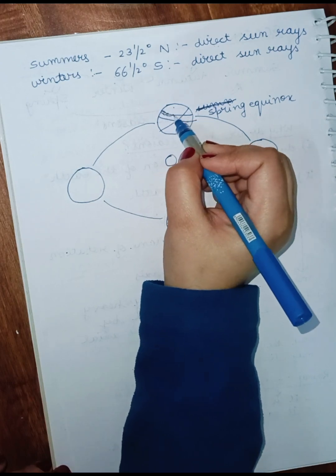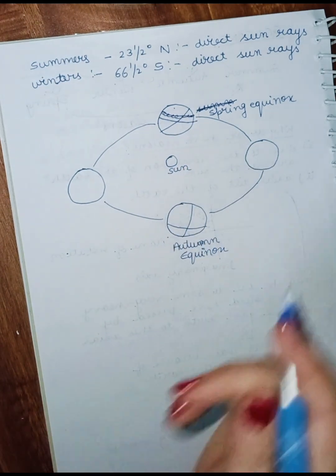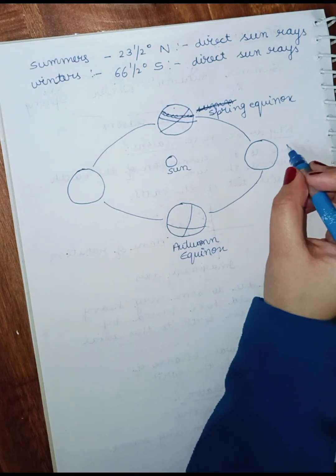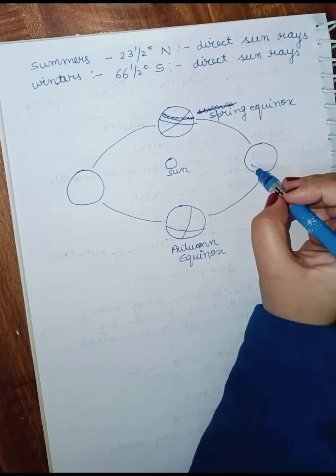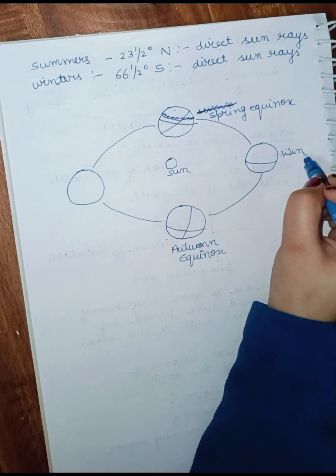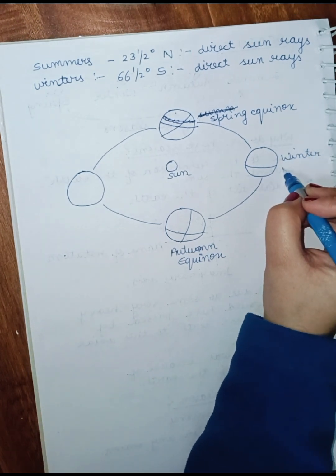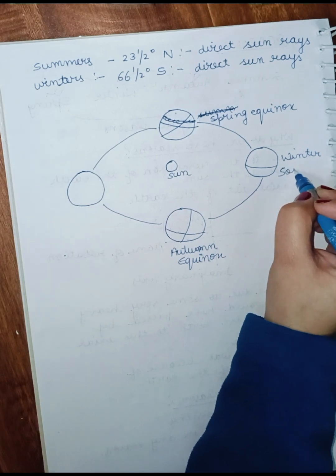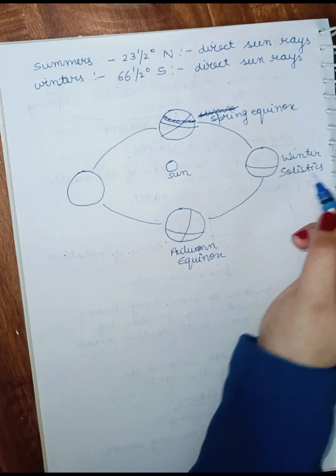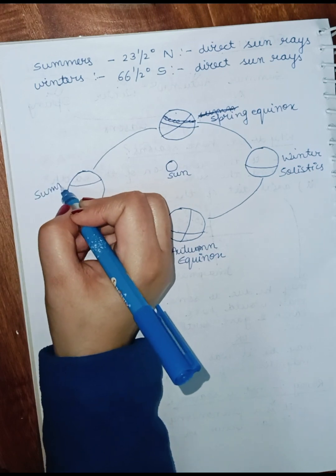At this place, not at this place, we have the autumn equinox, and here we have the winter solstice, and here we have the summer solstice.